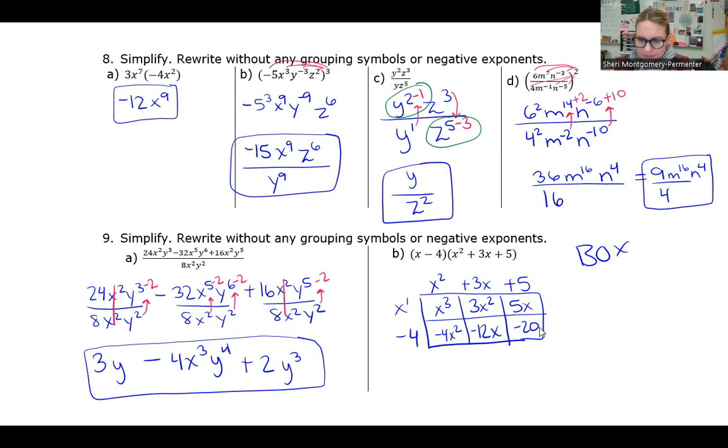So I will combine these things and rewrite it. So this turns into x to the third. I have 3 minus 4, so negative 1 or negative x squared. Negative 12 plus 5, so negative 7x, and then minus 20.